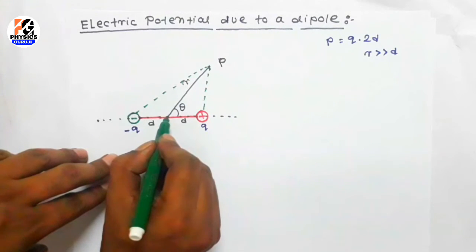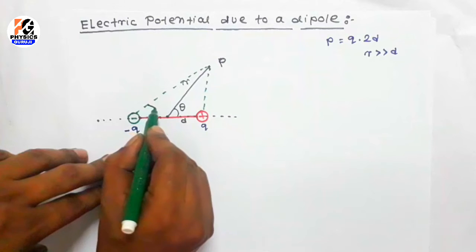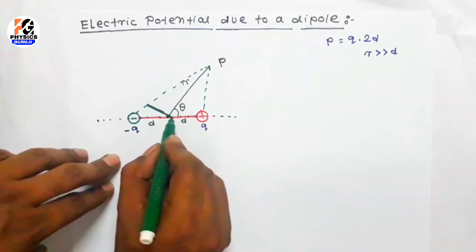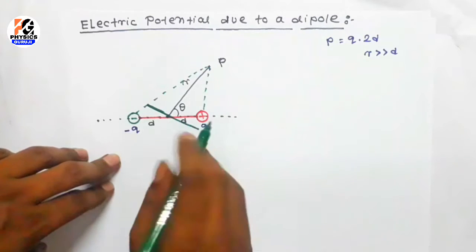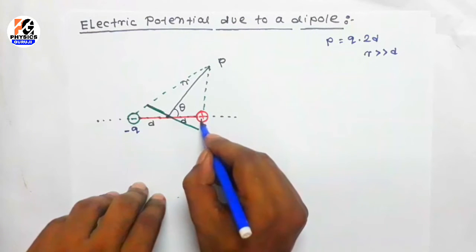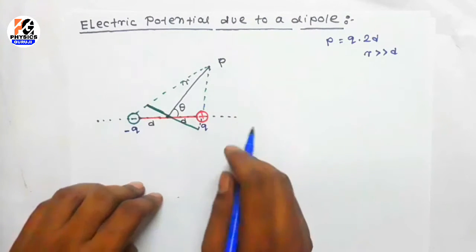So a perpendicular on r has to be drawn. I have drawn a perpendicular on r, so I have got this distance and this distance.